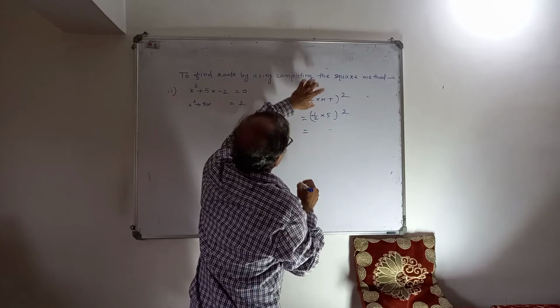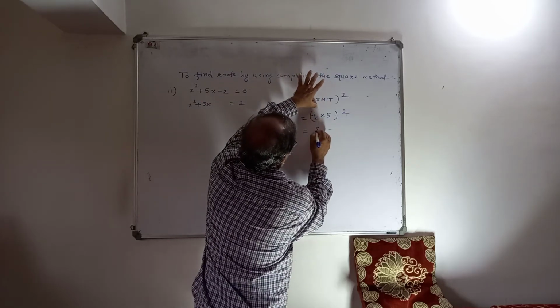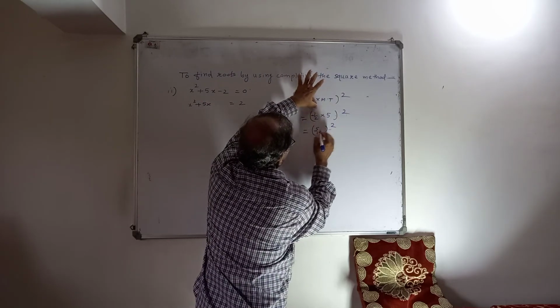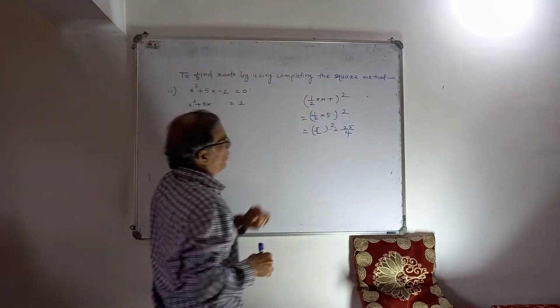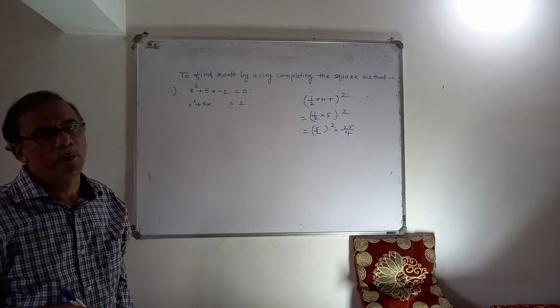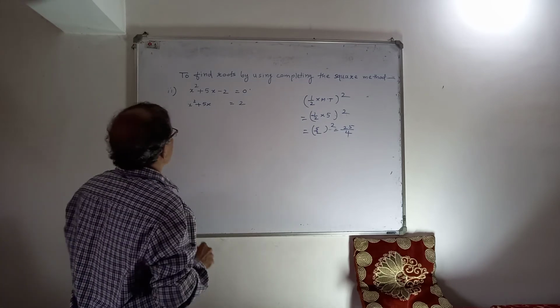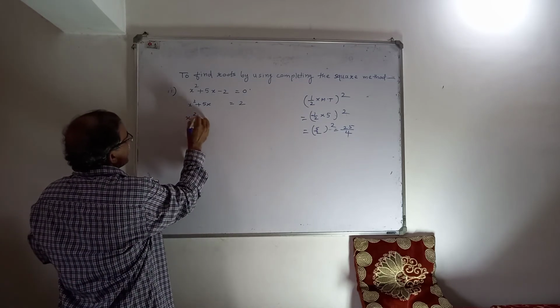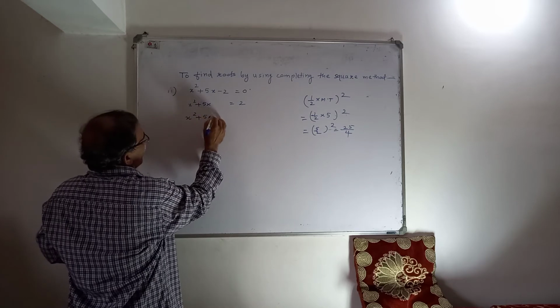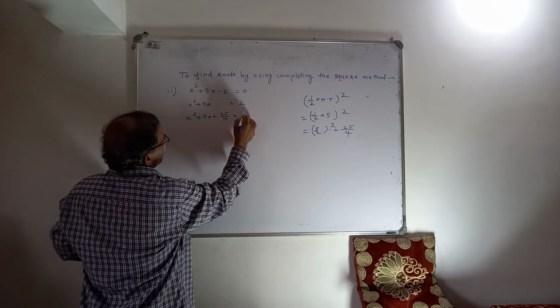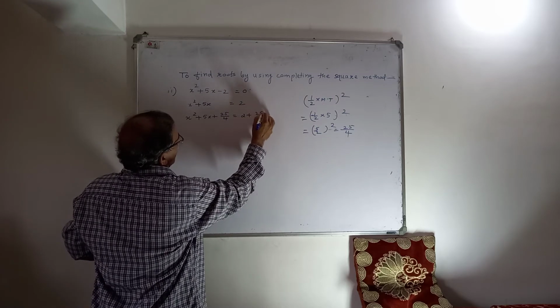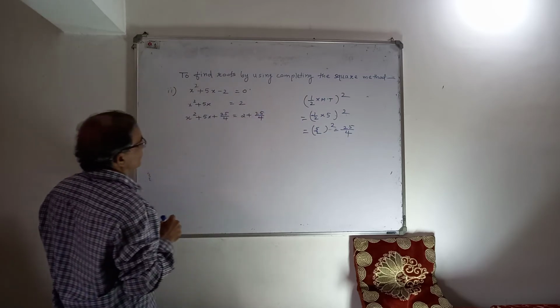So, 1 upon 2 into 5 is 5 by 2 whole square, that is 25 upon 4. So, this 25 upon 4 now we have to add to both sides. So, x square plus 5x plus 25 by 4 is equal to 2 plus 25 upon 4.